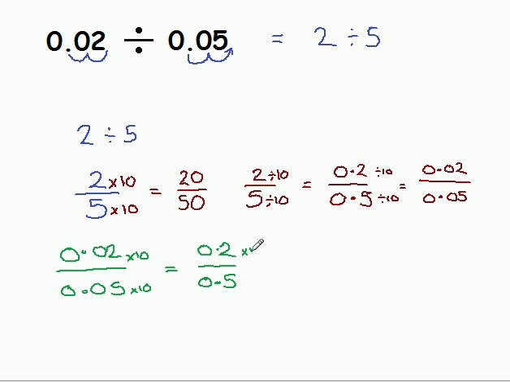And if we times that by 10 and times that by 10, what we're going to get is our 2 over 5. So whether we're making decimals out of whole numbers doing this, or making whole numbers out of decimals, as long as we move the decimal point the same number of places in the same direction, the value of the division will be the same.